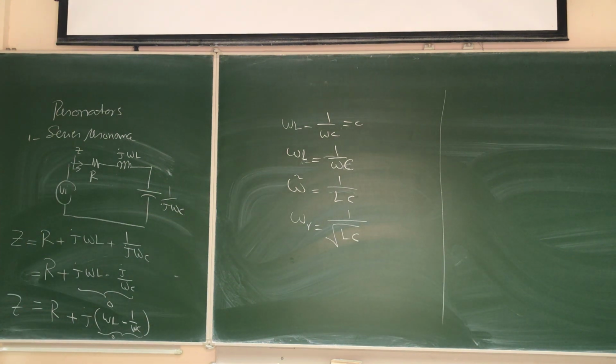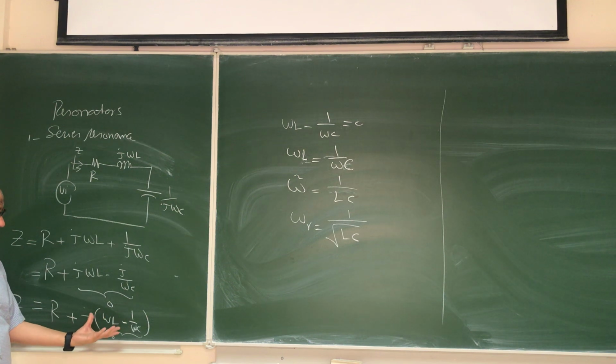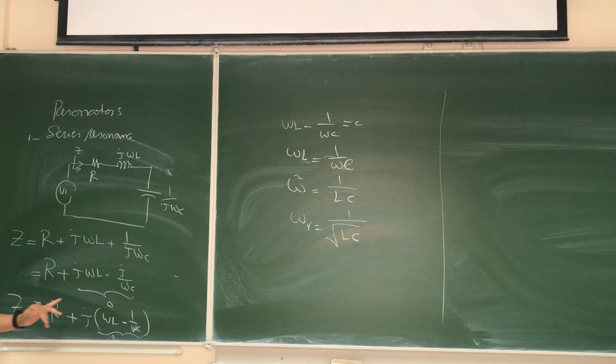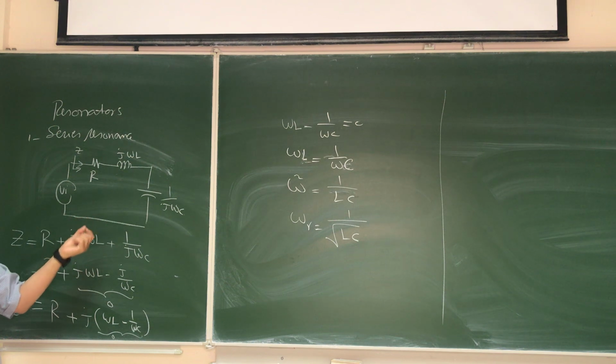What we have done is set the imaginary part in Z, or in Y for parallel resonance, equal to 0, meaning the phase shift of Z, or the angle of Z, is 0, or V and I will have the same phase. That is the concept here.